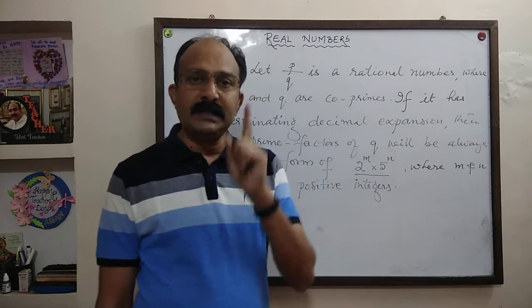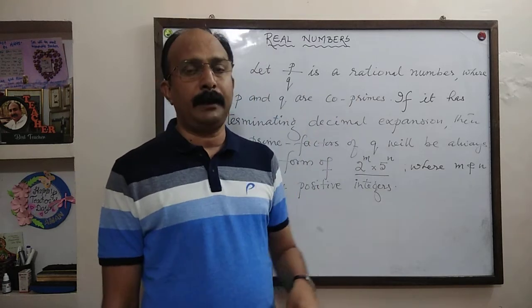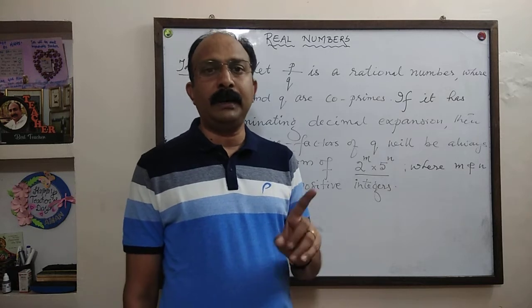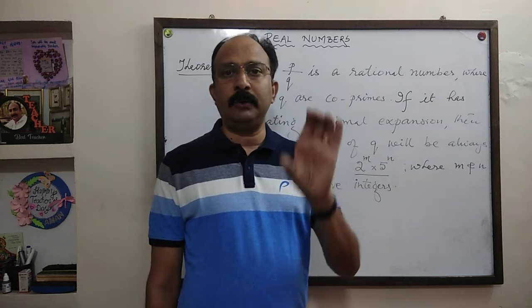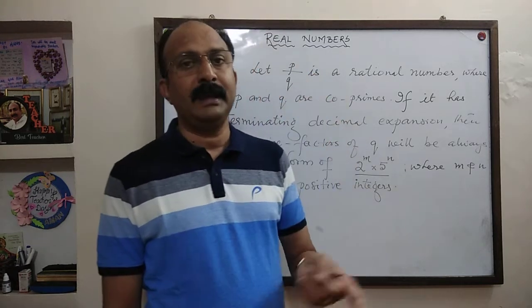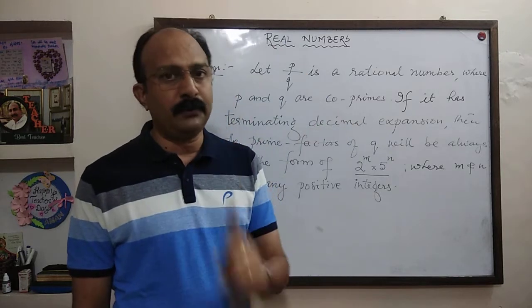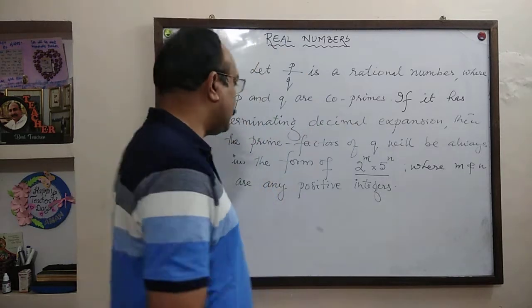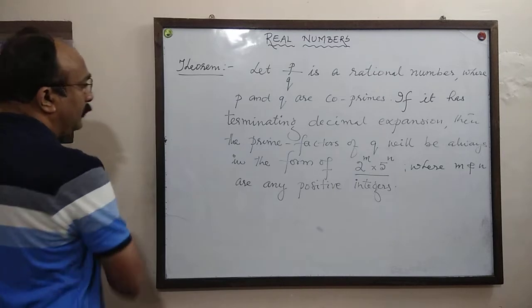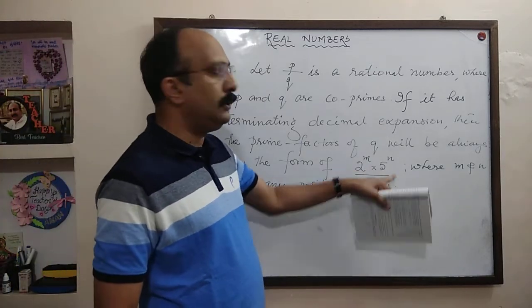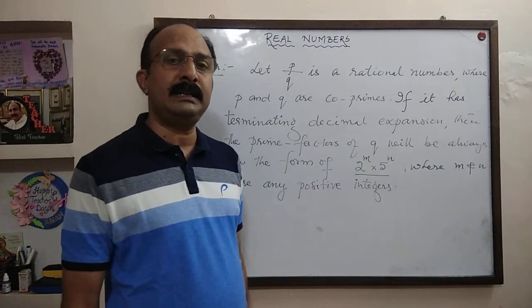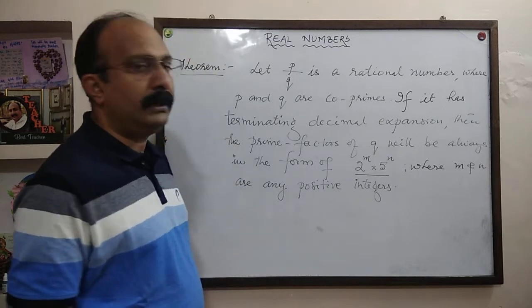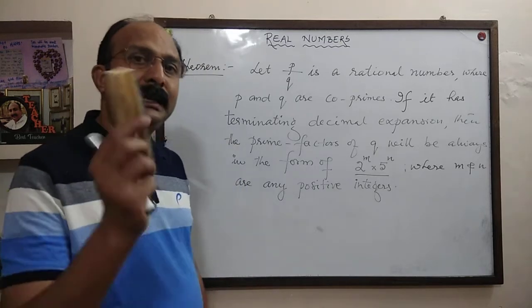If not, your first step is to make them coprime by cutting with the common factor. Then find the prime factors of q. If the prime factors of q are in the form of 2 power m into 5 power n, then the answer is terminating. If not, the answer is non-terminating recurring.